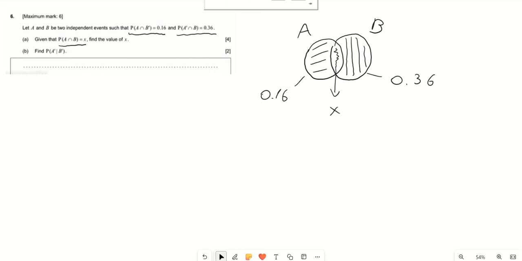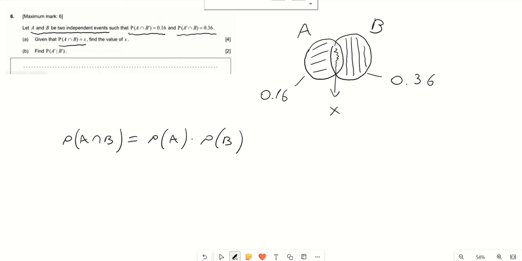Now we need to find X, and we know that A and B are two independent events. This means that the probability for the intersection of A and B equals the multiplication of the probabilities P(A) times P(B). And now we can just create an equation based on that.